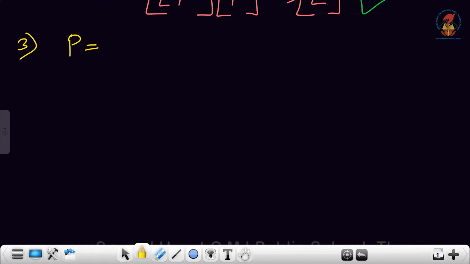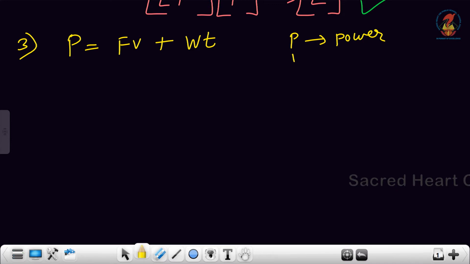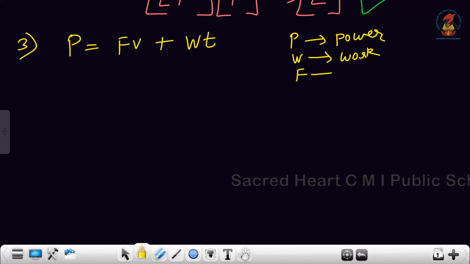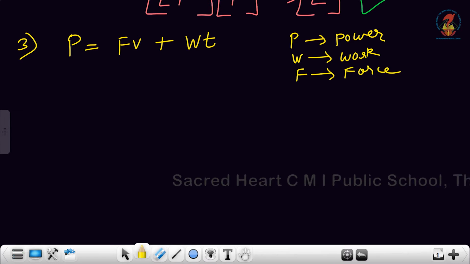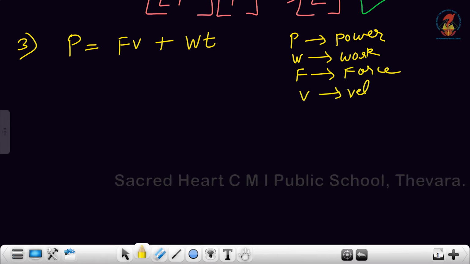P is equal to F into V plus work into time. I'm just giving an equation like this. P is equal to FV plus W into T, where P is power, W is work, F is force, V is velocity.